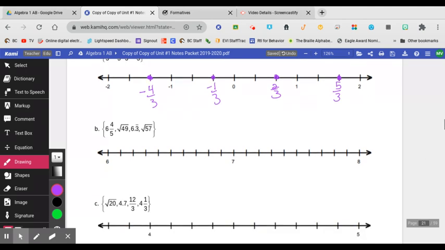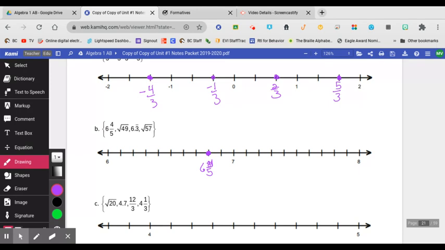Letter B, notice our number line here goes from 6, 7, 8, and there are 10 spaces. So 6 4/5 is the same as 6 8/10. So that would be right here in between 6 and 7, closer to 7.